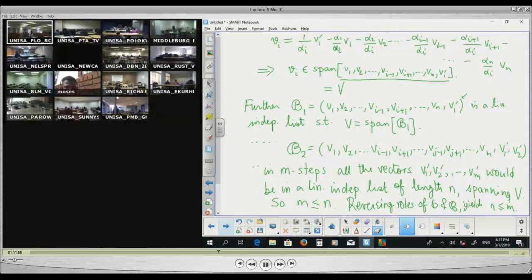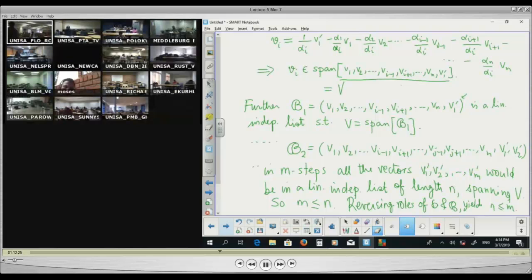So, starting off with V1, V2, up to Vn, I have come up with a linearly independent list of the same size, but removing one of the vectors from V1, V2, up to Vn and introducing another vector V1 prime from the new span, the new list that I took: V1 prime, V2 prime, up to Vn prime, right? So that's what I'm doing.